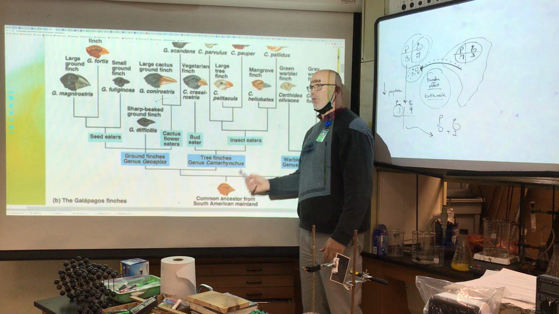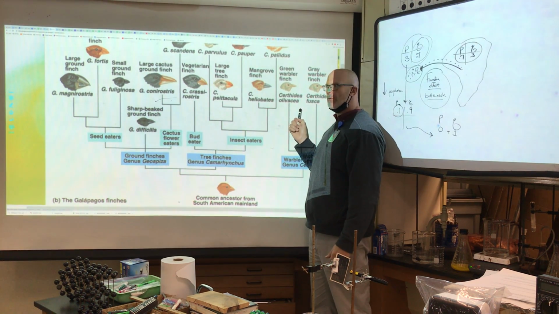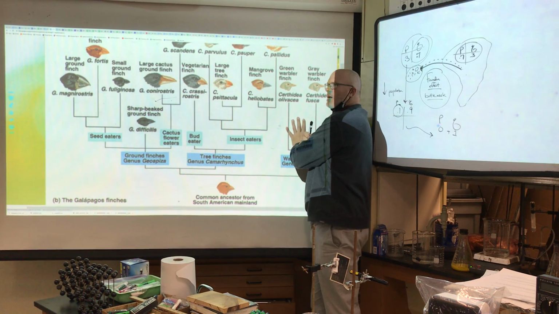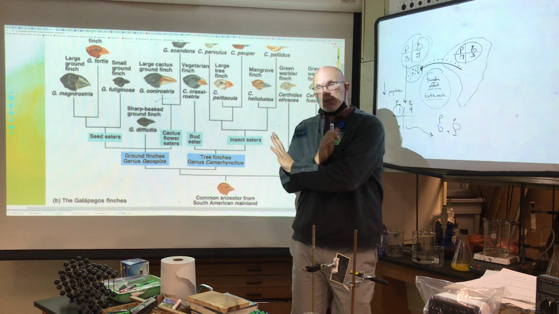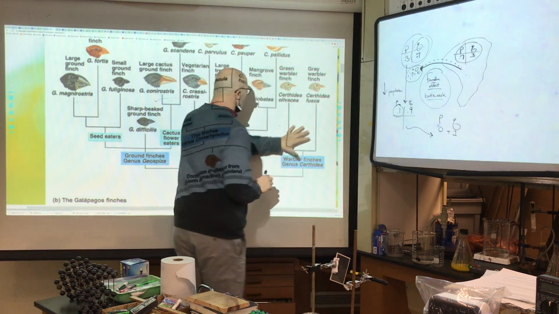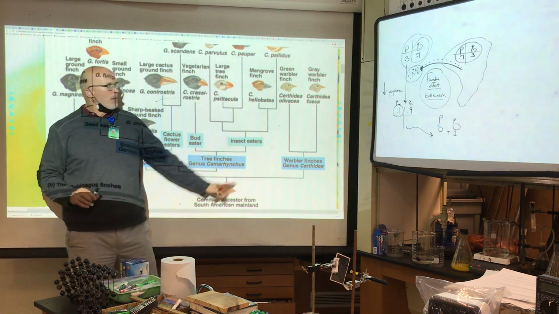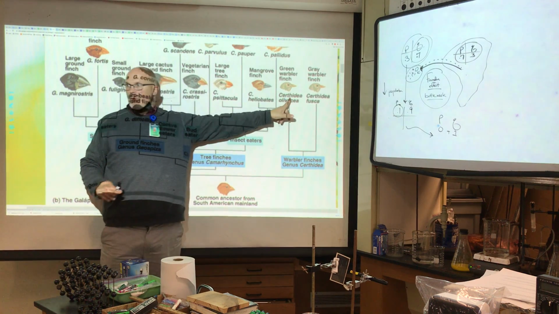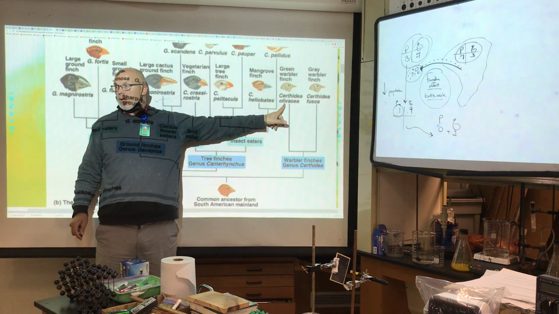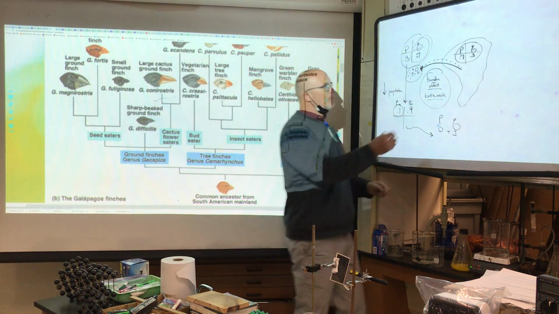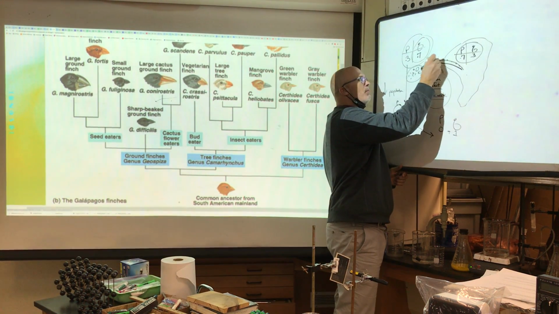These guys look a lot like what? The warblers, don't they? So maybe these guys, and it hasn't been studied, but the warblers here that look a lot like the mainland finch, they have kept their original what? Alleles, because there's constant supply of genes from the mainland.